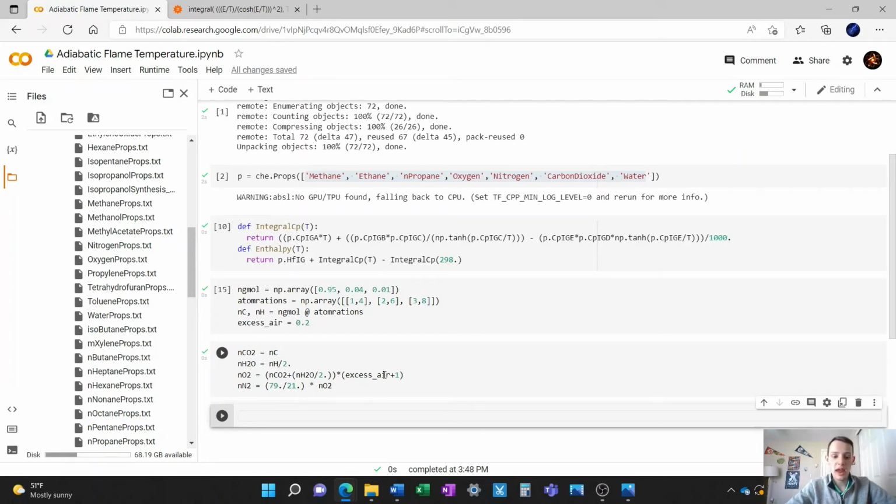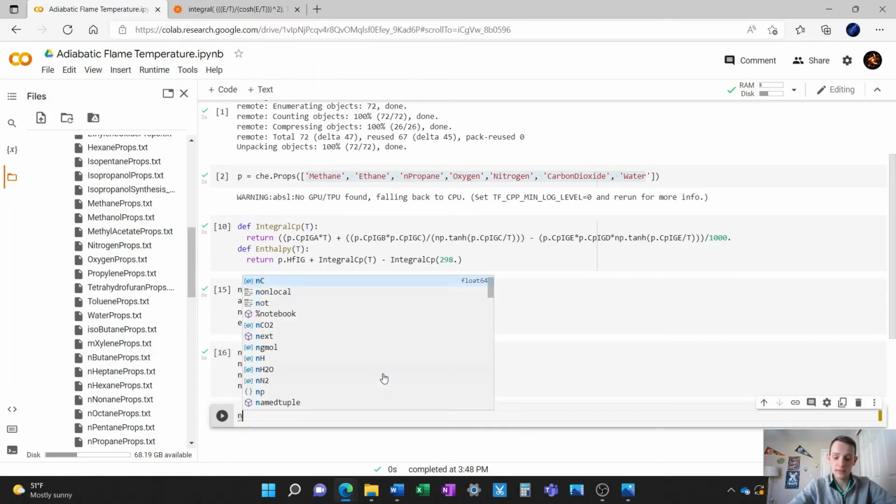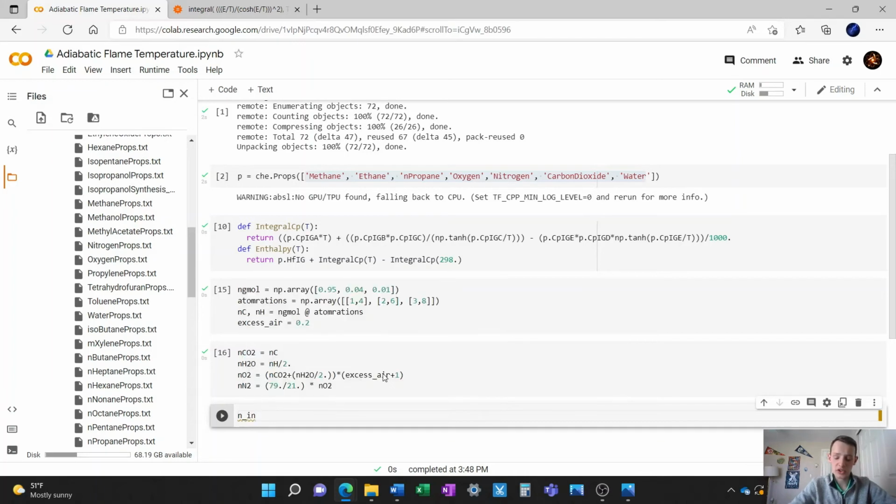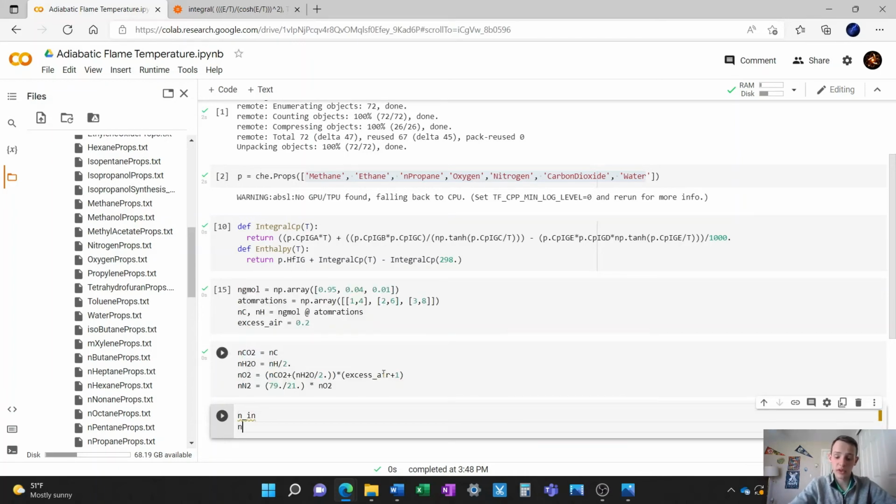Okay. Now we need to specify the number of moles that we have going in, right? Which needs to be balanced with the number of moles that we have going out. Okay? And for this, we are going to need to add 2 arrays together because we need to account in proper order the moles of all of our compounds, okay?